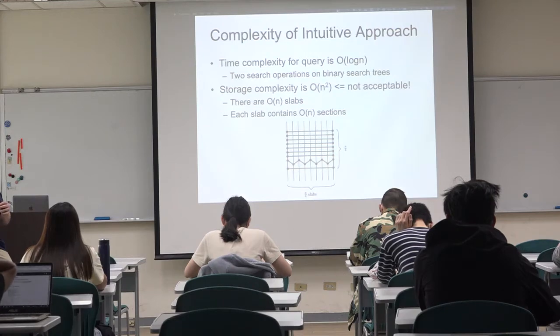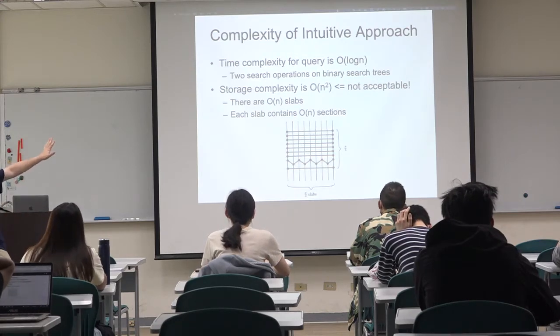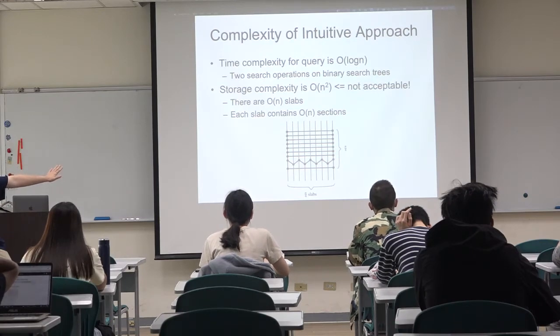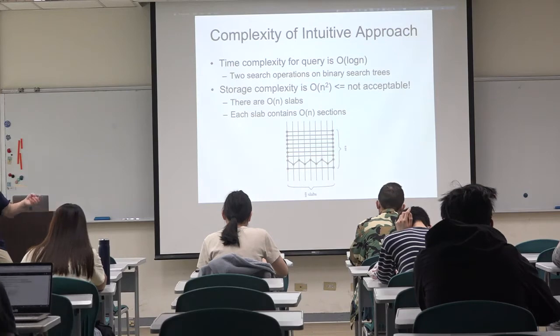So let me rephrase, let me clarify my point. There are situations where this approach is good. This approach is good when you are using a desktop or server to solve this problem. Then, as I said, the storage is never an issue.